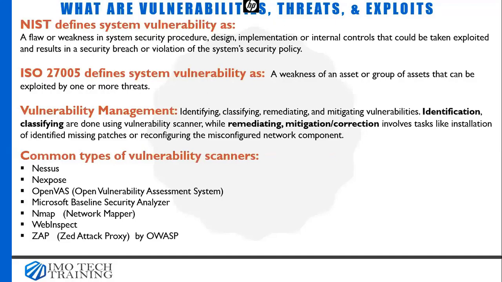So we have this standard ISO 27005 that defines system vulnerability. So NIST, remember this is just the federal government, right? The United States federal government. ISO, whenever you see ISO standard, it is an international organization standard. Like the World Bank, the United Nations, the International Monetary Fund, and all those IFC, International Finance Committee, or Finance Commission, whatever they call it, those are not United States government.